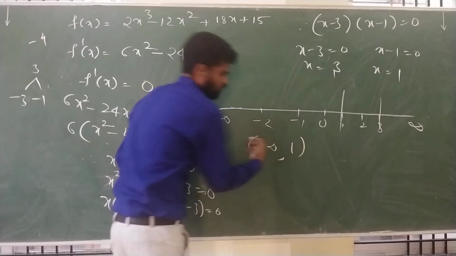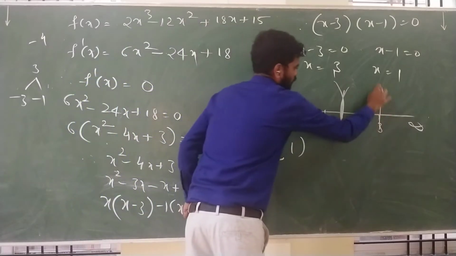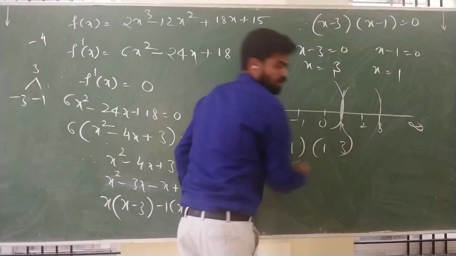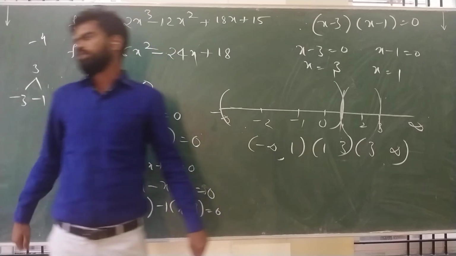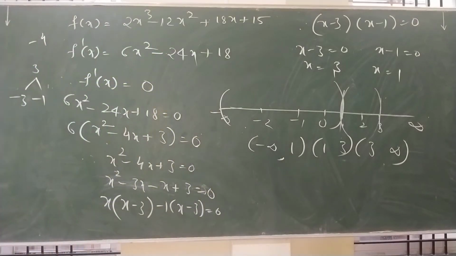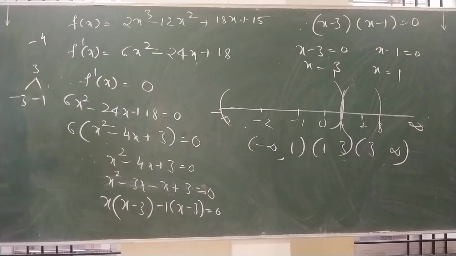The second interval is 1 to 3. The third interval is 3 to infinity. So take any value in the interval of minus infinity to 1. Take any value you like.